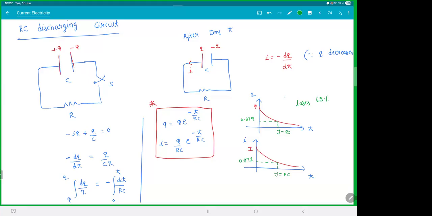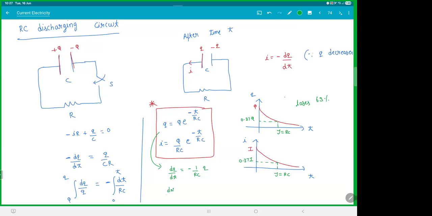But if you look at these equations, can you see it looks something like this? If you have done this in your chemistry, look at that formula there. dq by dt is minus q by RC. dq by dt is minus 1 by RC into q.